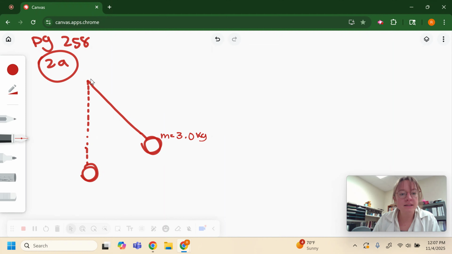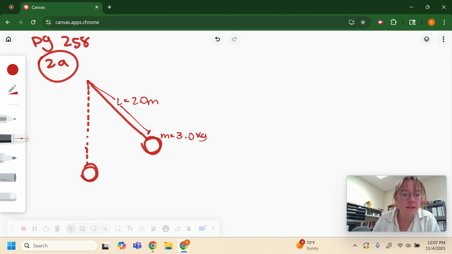Then it tells us that the length of this pendulum, which I shall call length L, is equal to 2.0 meters, and that is going to be from here to here.